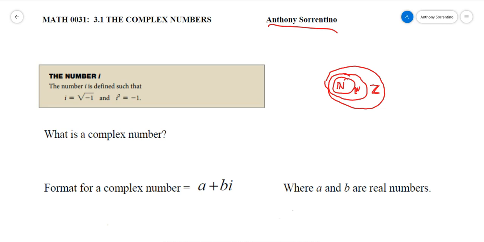But then, those numbers, as well as many other numbers, can be represented as fractions, and they're called the rational numbers, often given the symbol Q for rational. Basically, any number that can be written as a fraction is a rational number.